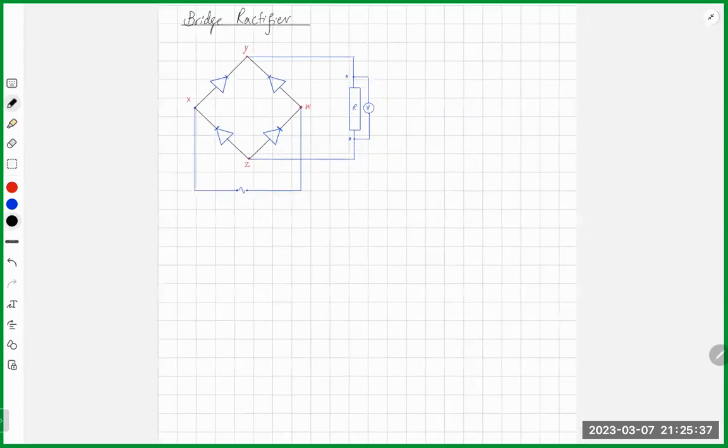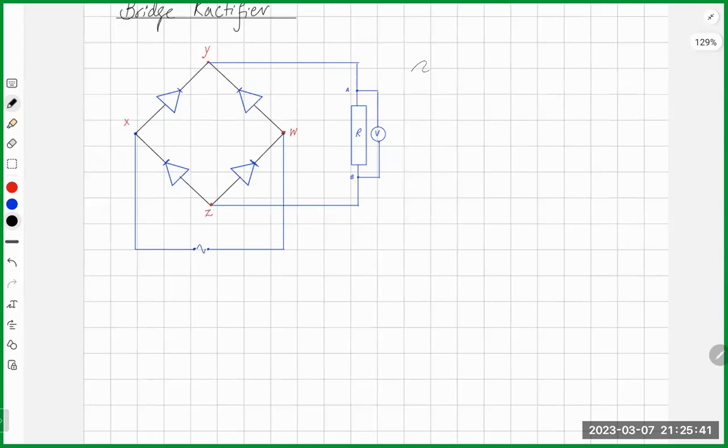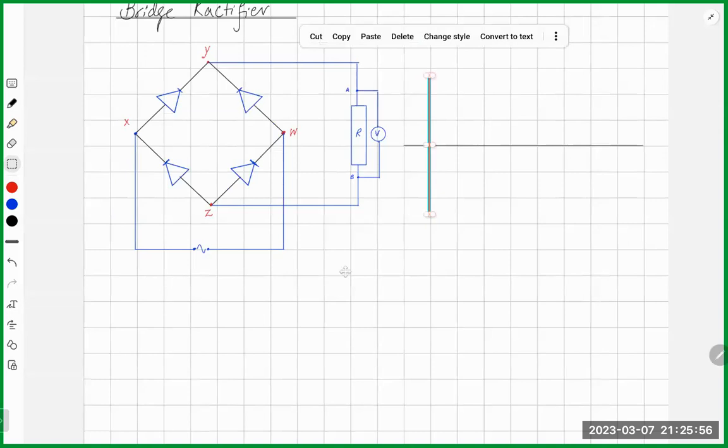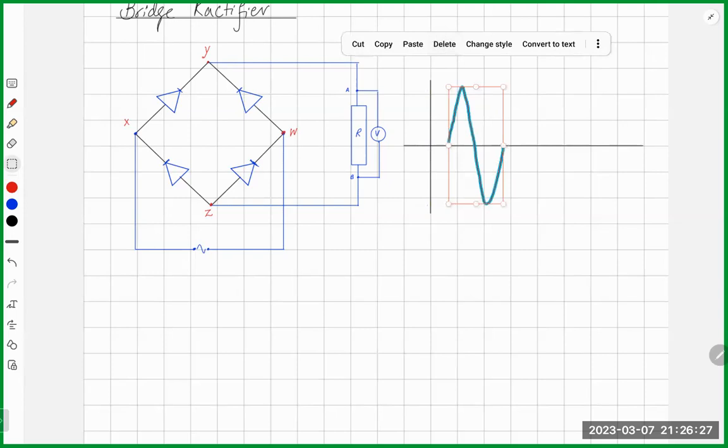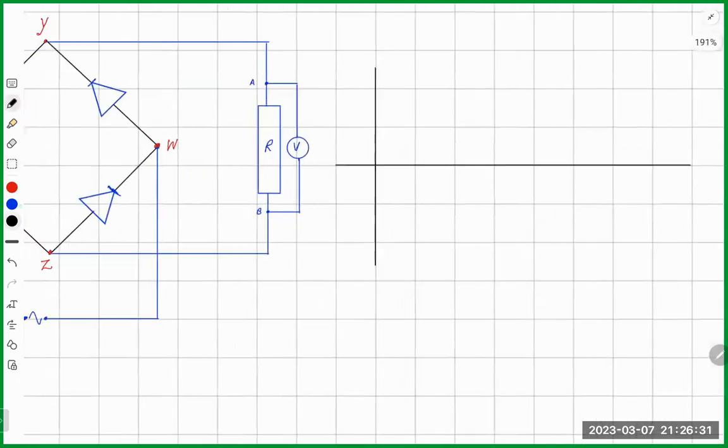So for this one, let's make a plot. This is the voltage of the supply.